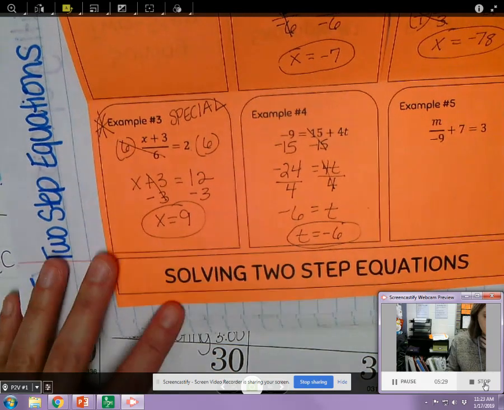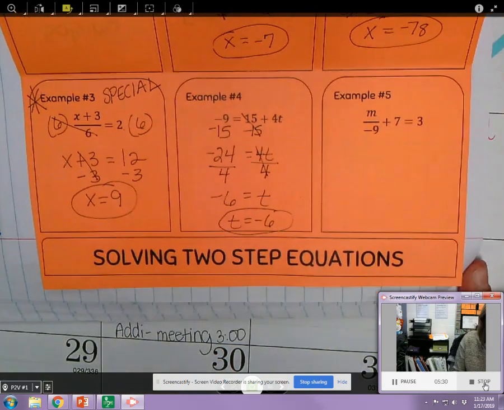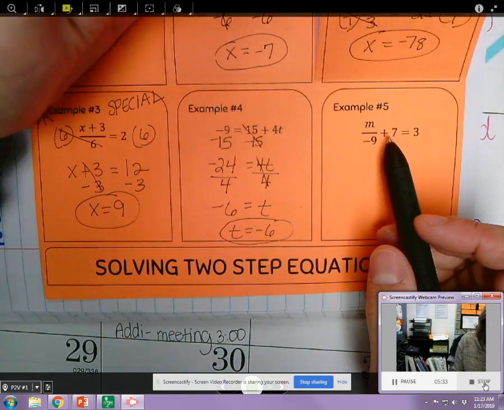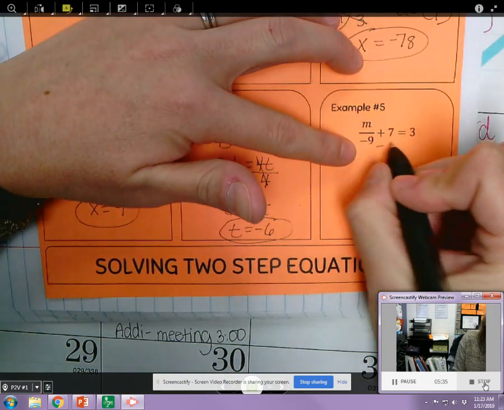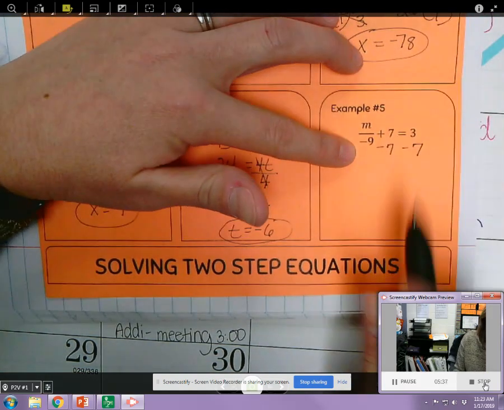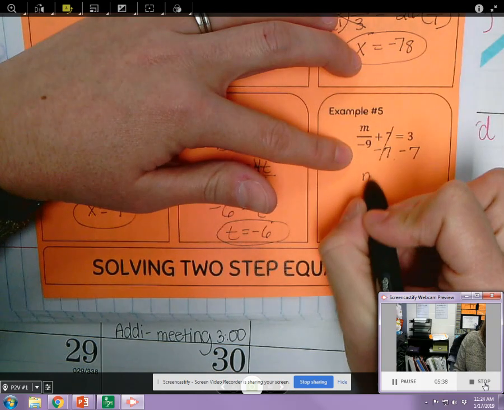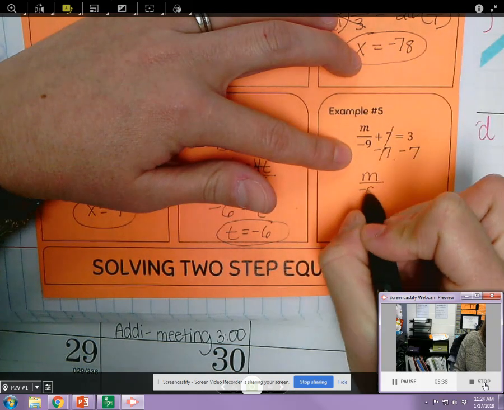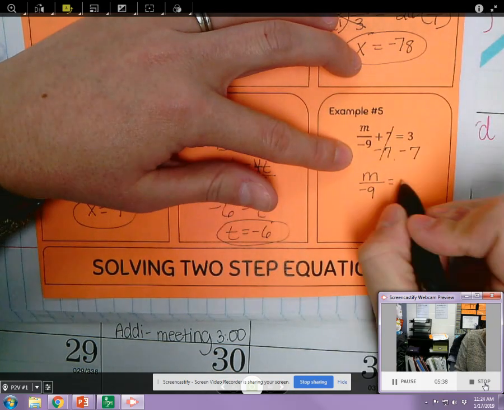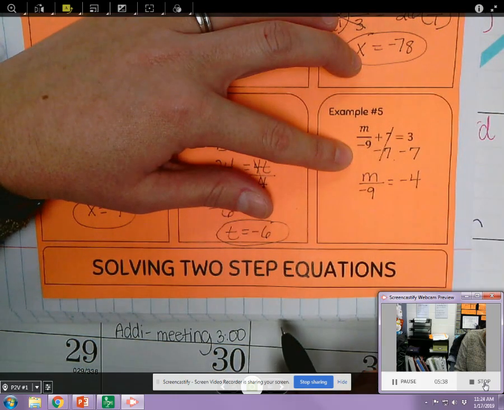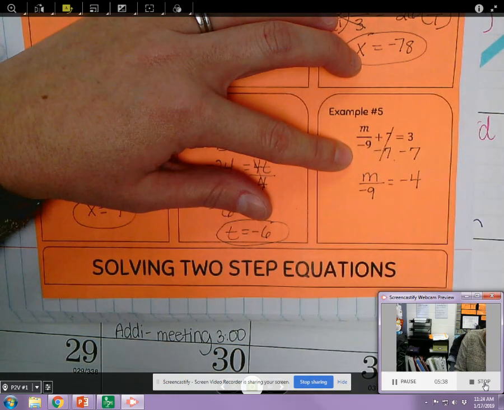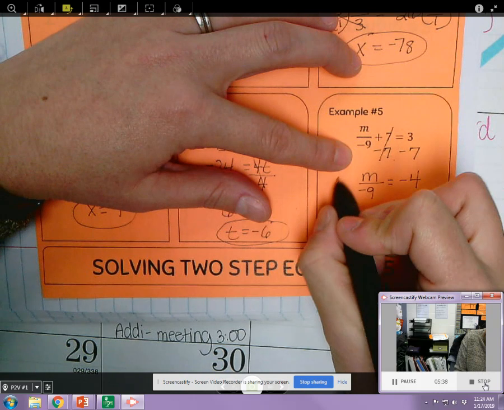Last but not least, number 5. Inverse of addition is subtraction. 7 minus 7 is 0. So I have m divided by negative 9 equals 3 minus 7, which is negative 4. The opposite of dividing by negative 9 is multiplying by negative 9.